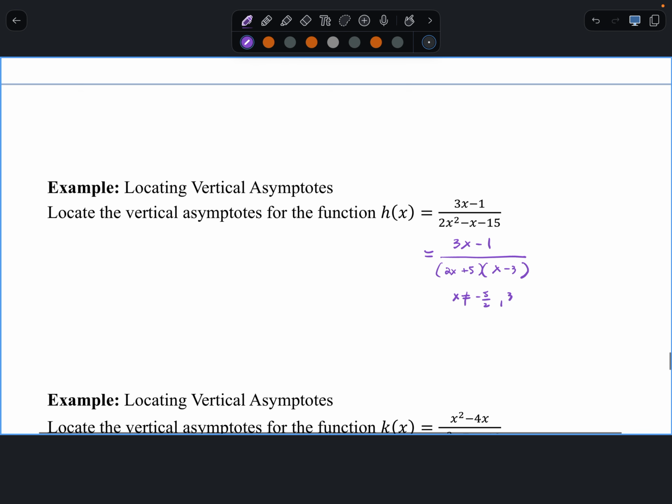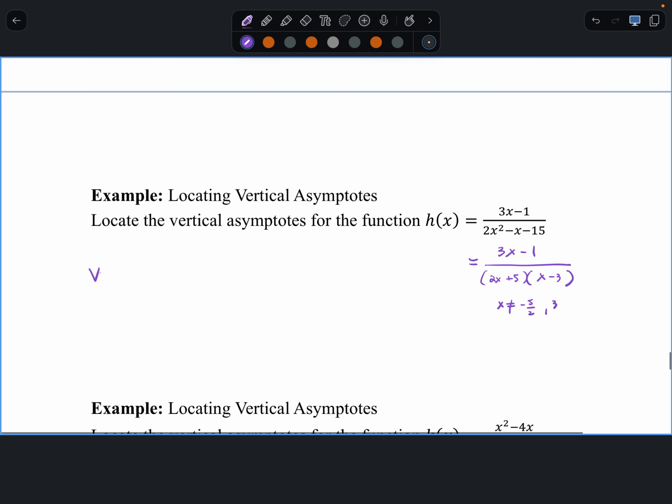Vertical asymptotes. So we can say there's a vertical asymptote at each of those x values: at x equals negative 5 halves and x equals 3.